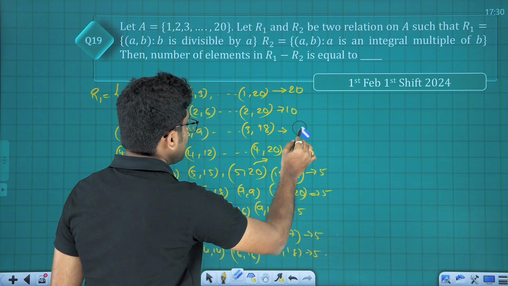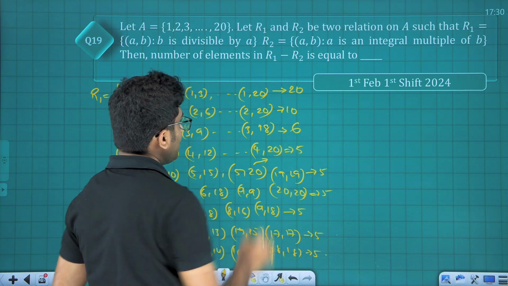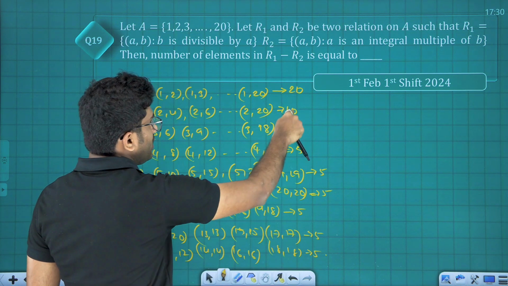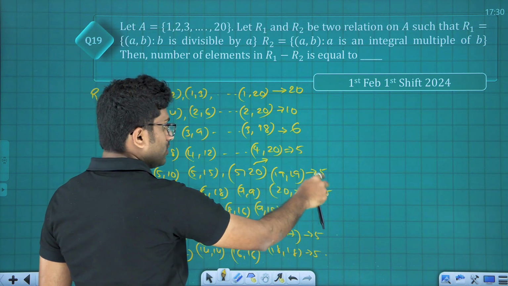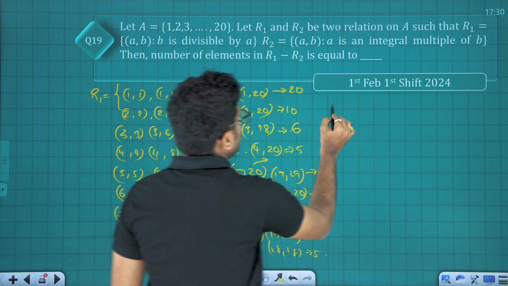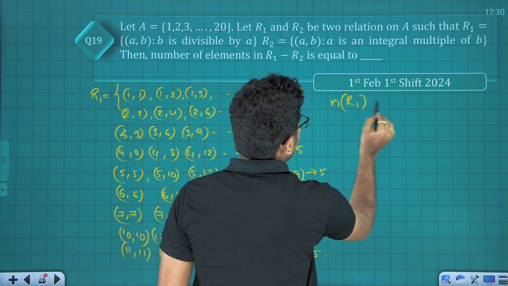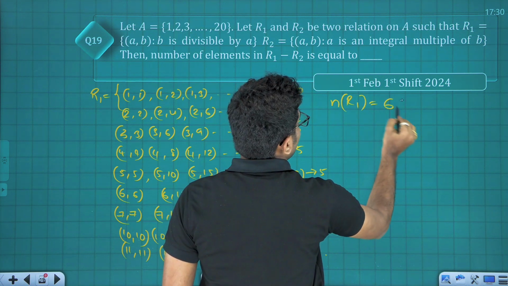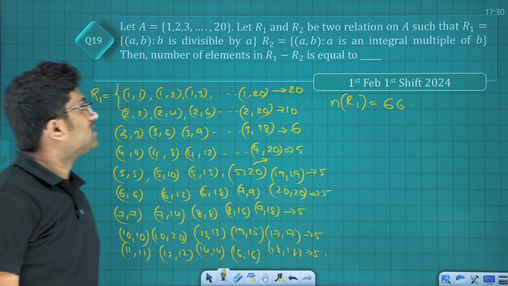So 20, 10, 30, 40, 50, 60, 60 plus 6, that means the total number of elements in R1 will be 66, friends. Okay, 66.